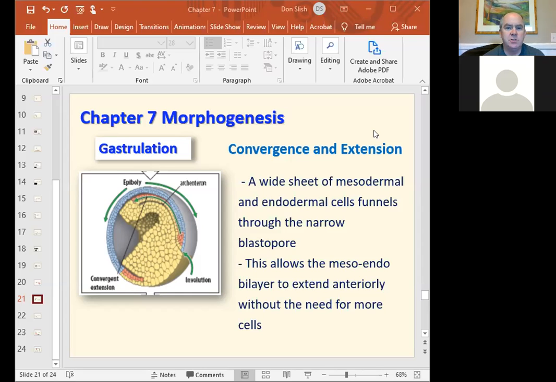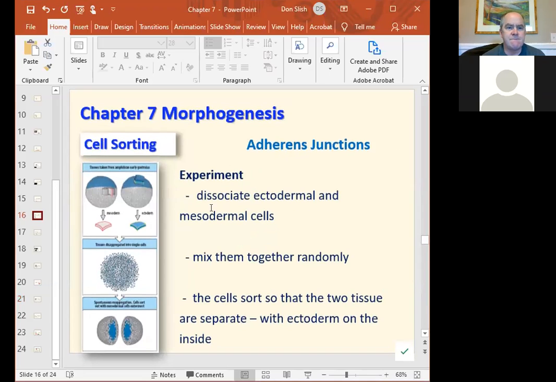Just organizing my screen here. Okay, is everybody ready to go? Let's go. We're on slide 16. Sydney's ready. Thank God. Thank you. Okay, slide 16.